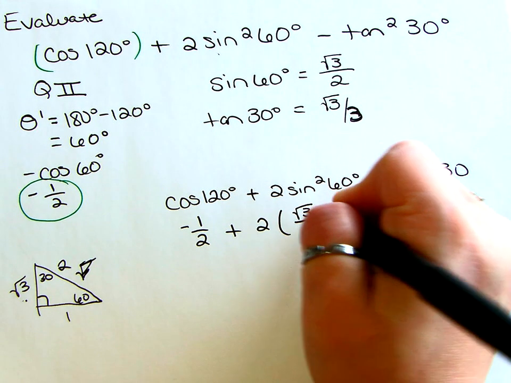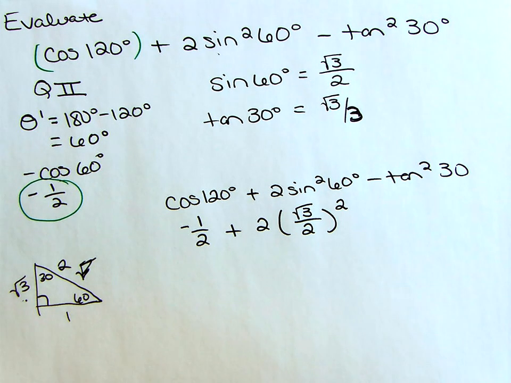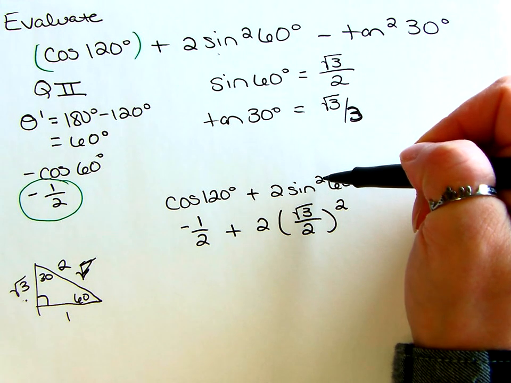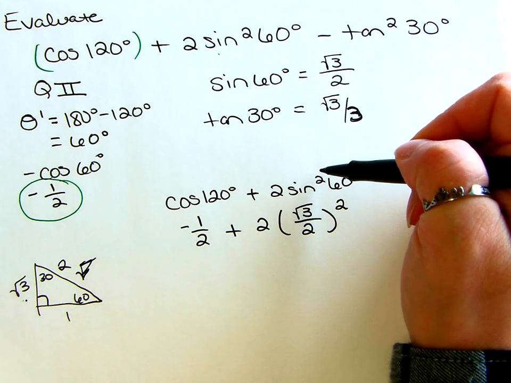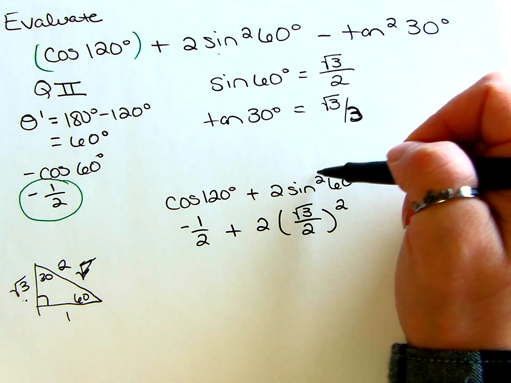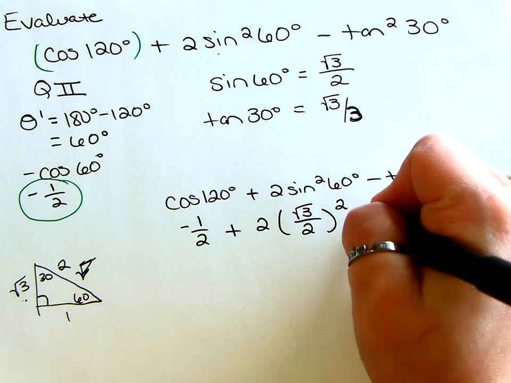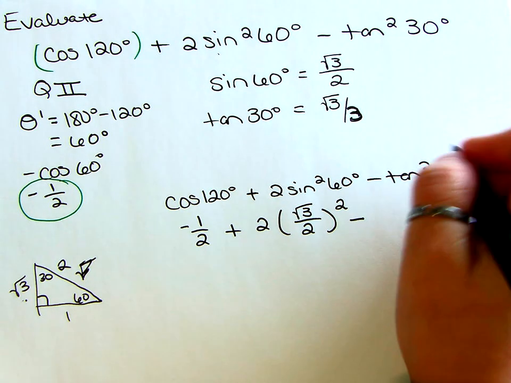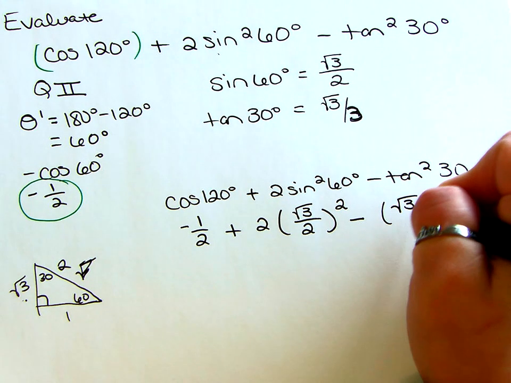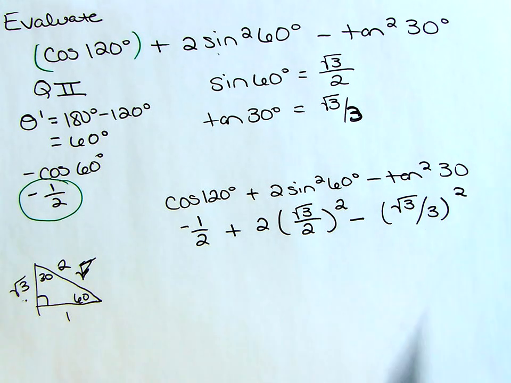See how the squared is inside and connected to the sine? That's just how we write it with our trigonometric functions. Minus the tangent of 30 squared, which will be radical 3 over 3 squared. Now we have an algebraic expression that we just need to simplify.